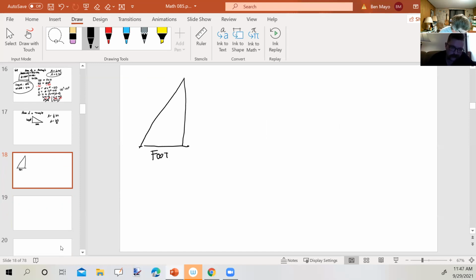This is called the foot, and this is called the luff. It says, refer to the diagram of the sail shown here. The length of the luff is 3 times longer than the length of the foot of the sail. Find the length of the foot and the length of the luff.